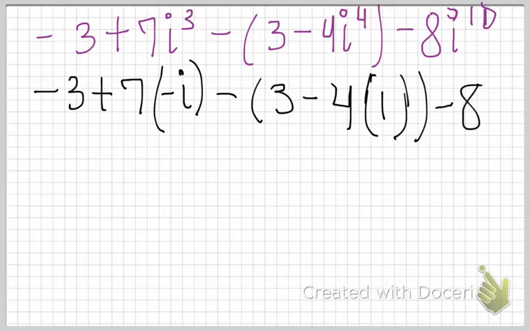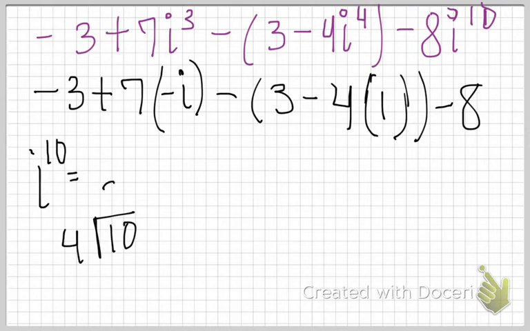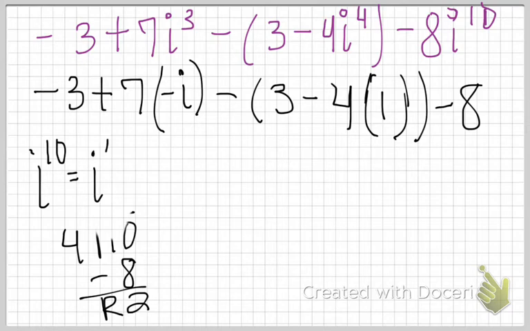Now i to the 10th is a little bit tricky. So i to the 10th, here's my side note. We start thinking about i to the 4th. How many times does 4 go into 10? It goes in twice with the remainder of 2. So I can rewrite this as i to the 4th two times with the remainder of 2 as my exponent.